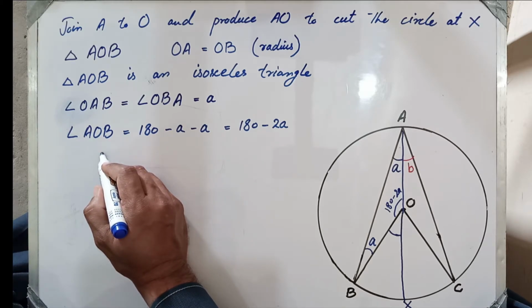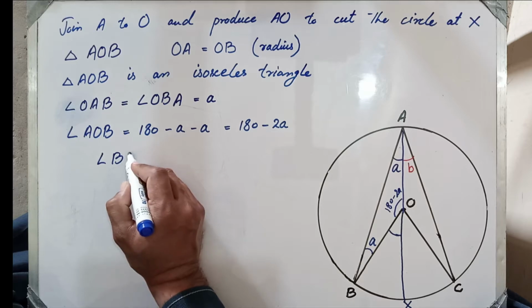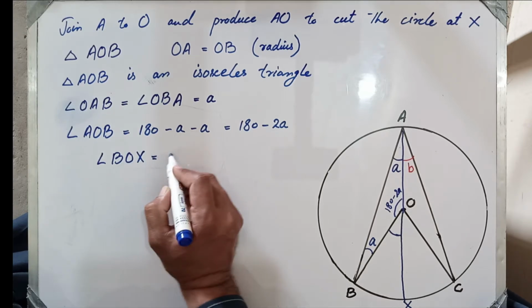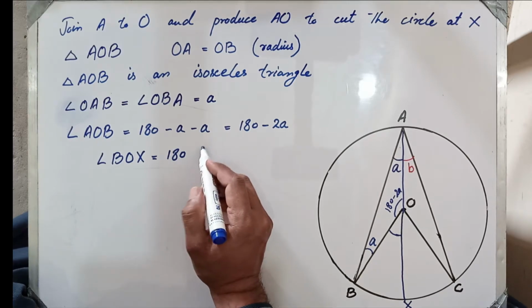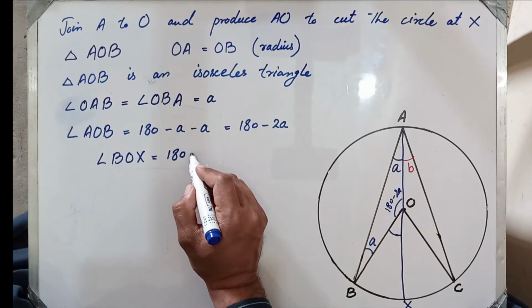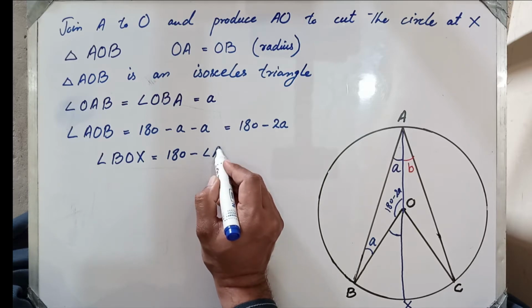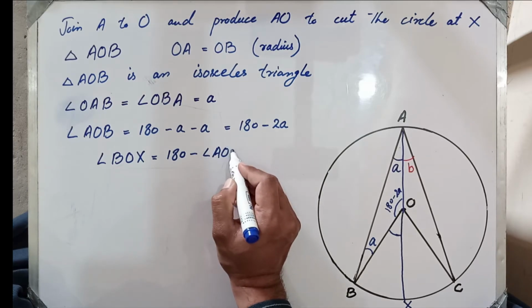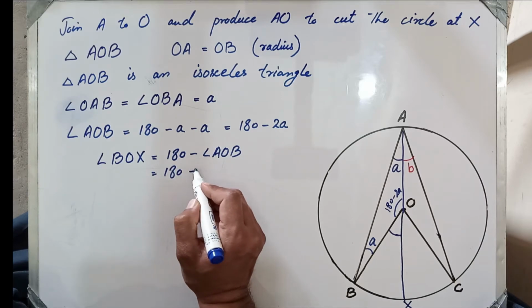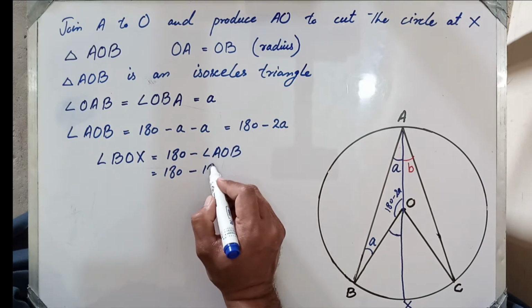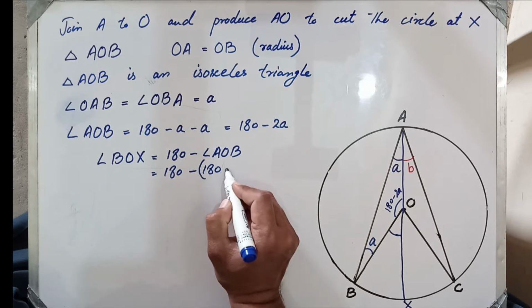Angle BOX will be 180 minus angle AOB, which is 180 minus (180 minus 2a).